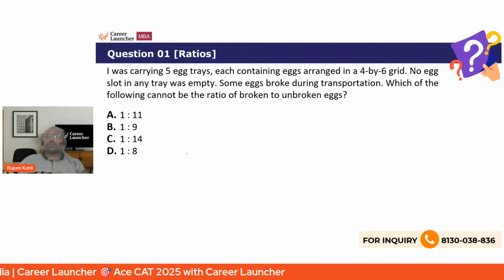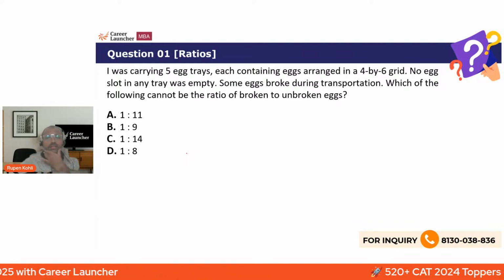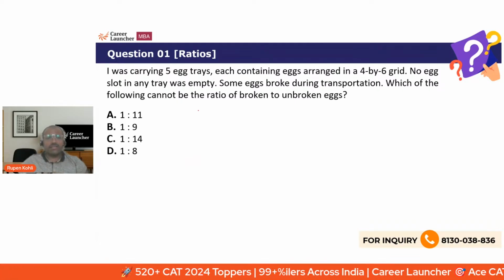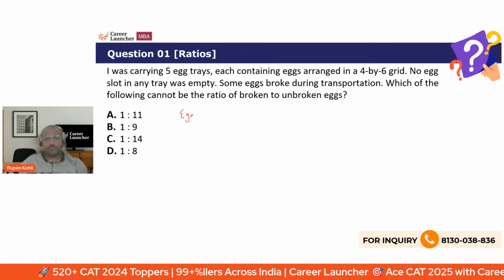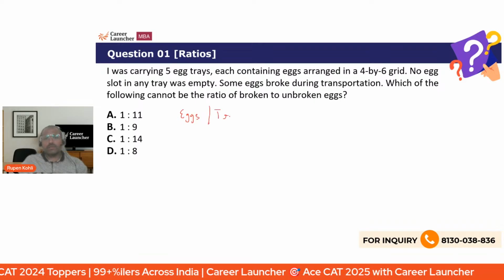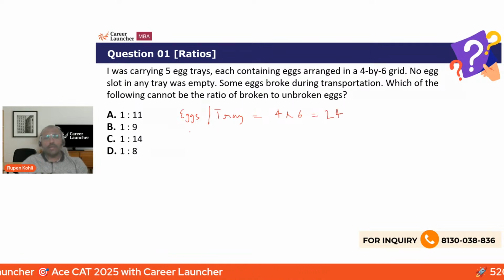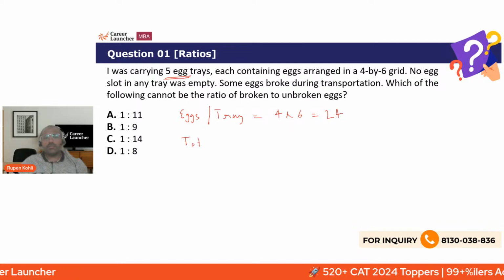Well, so we have trays of eggs, 4 by 6. So how many eggs are there in each tray? It's a grid of 4 by 6, so 4 into 6, you have 24 eggs per tray. You have 5 such trays. So how many total eggs do you have?